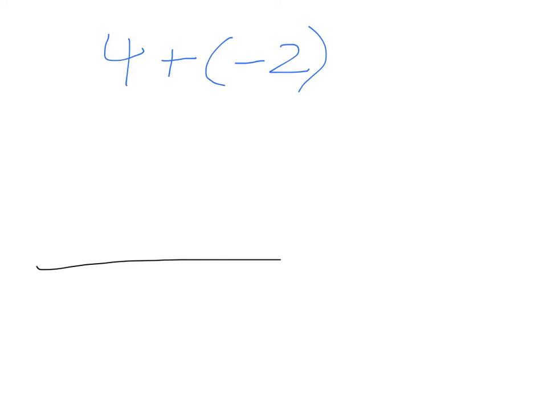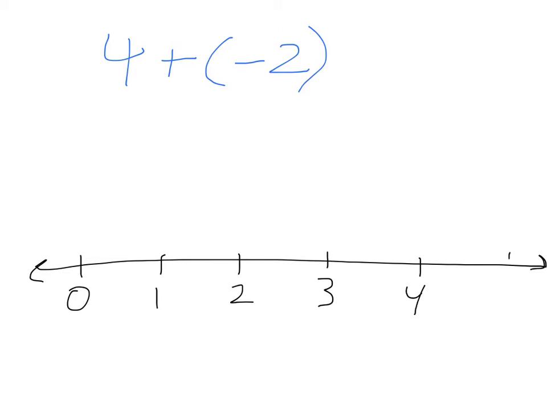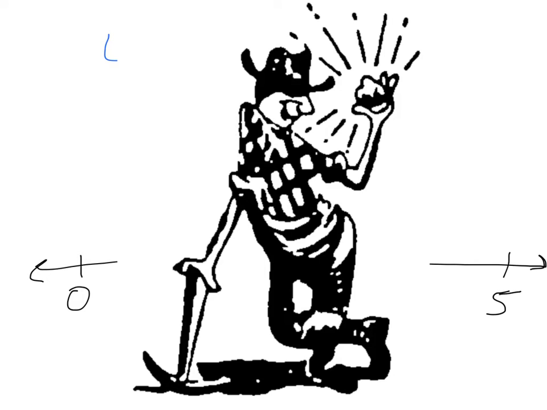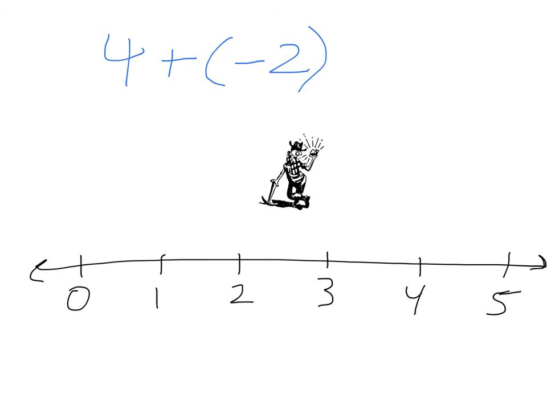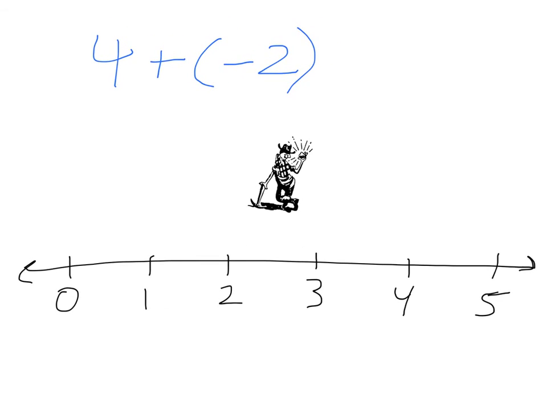Now, let's say I have 4 plus negative 2. And I want to know what that's equal to. So again, I'm going to draw my number line here. 0, 1, 2, 3, 4, 5. And we're going to grab Mike the Miner here. If I could. It's not letting me do that. There we go. And we grab Mike the Miner.